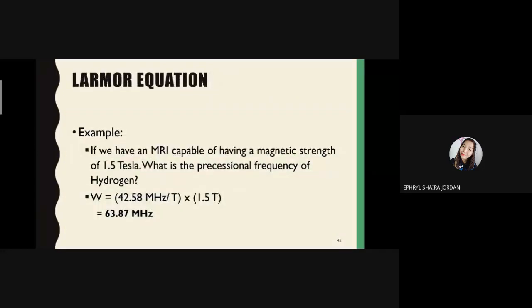Okay, we have an example here. So how do we compute the Larmor frequency? So, for example, if we have an MRI capable of having a magnetic strength of 1.5 Tesla, what is the precessional frequency of hydrogen? So we know that the nuclei or the isotope is hydrogen.